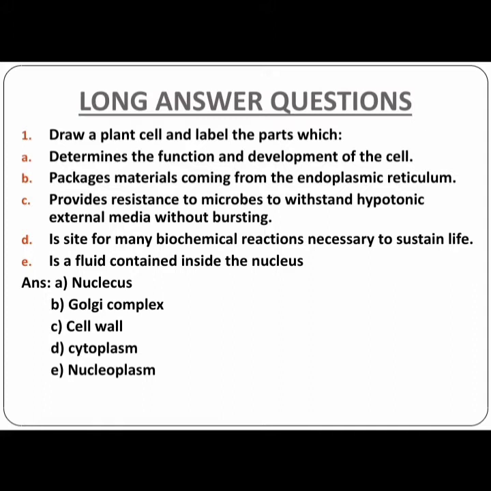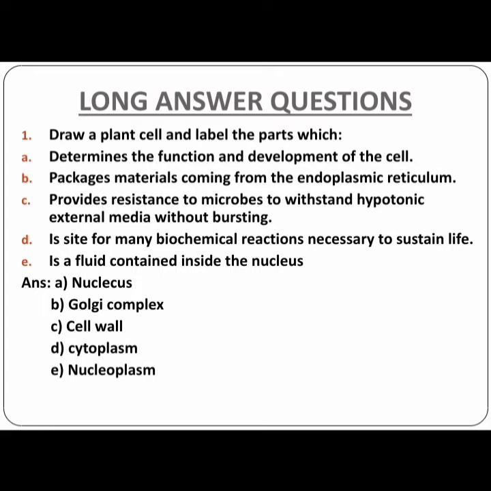So the first sub question is which determines the functions and development of the cell, that is the nucleus. The nucleus determines the function and the development of the cell. Next sub question: which packages materials coming from the endoplasmic reticulum? That is the Golgi complex. Which provides resistance to microbes to withstand hypotonic external media without bursting? That is the cell wall.